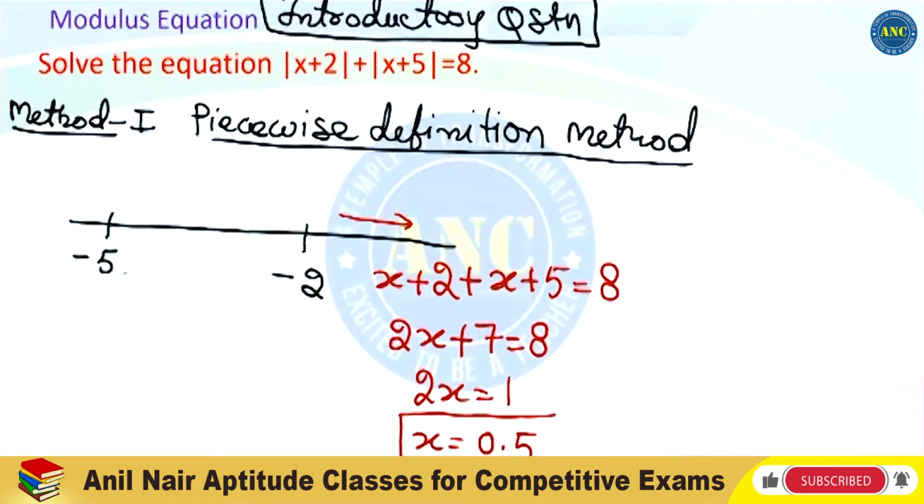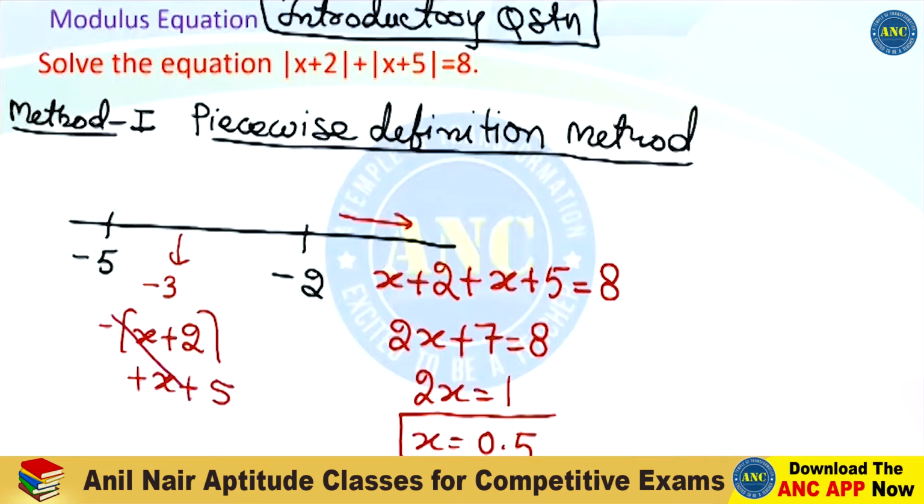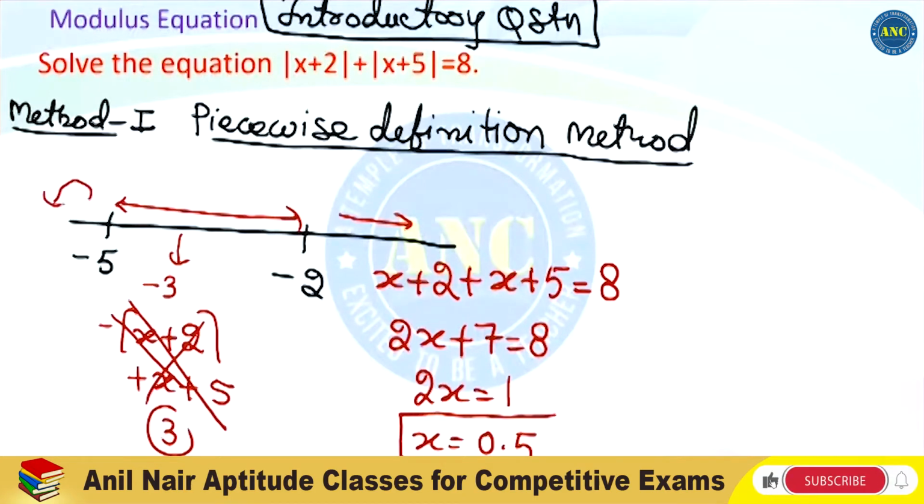If it is from minus 5 to minus 2, suppose I take minus 3: minus 3 plus 2 is negative, so it is minus of (x + 2). Minus 3 plus 5 is positive, (x + 5). So it is nothing but 3, of course, the distance between these two is 3. Between, it is not possible. Now to the left hand side of minus 5, let me take minus 6.